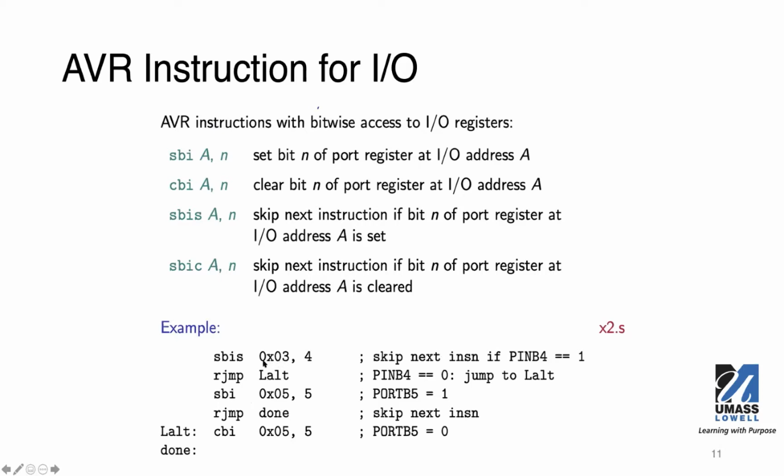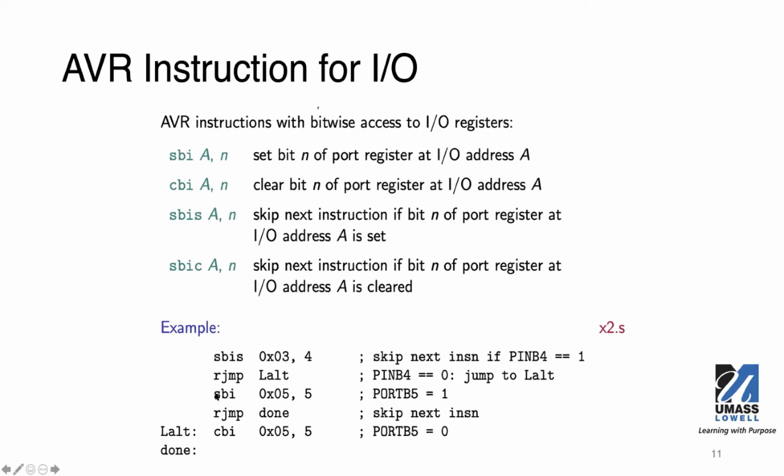What we do here is supply the address of the PINB register, that's 03, and then we say, let's check bit number 4, because that's the bit that we use to read the button status. If this bit is set, that means if PINB4 is 1, we're going to skip the next instruction. So we're going to skip this one, and that means we're going to execute this instruction instead.